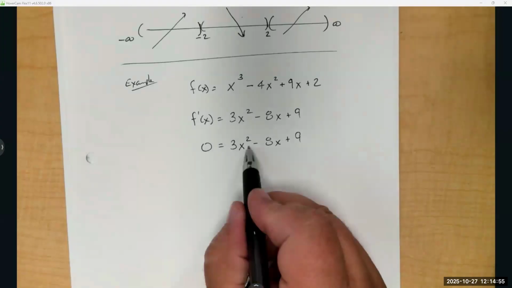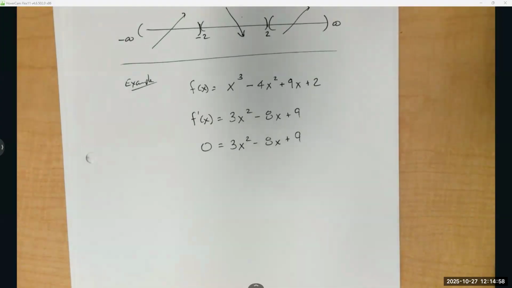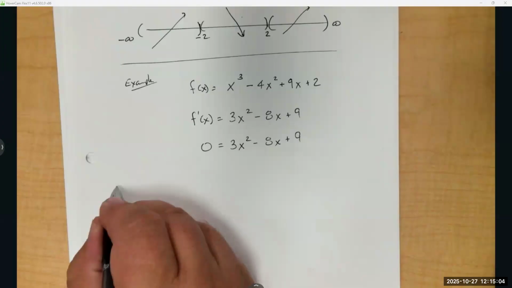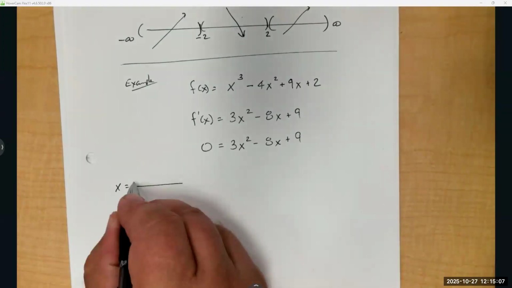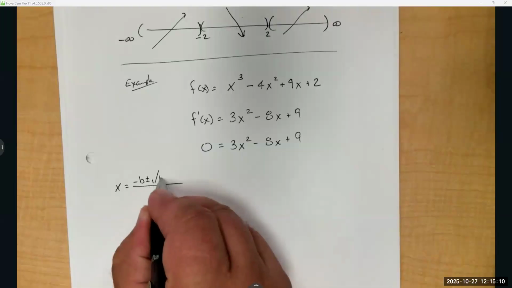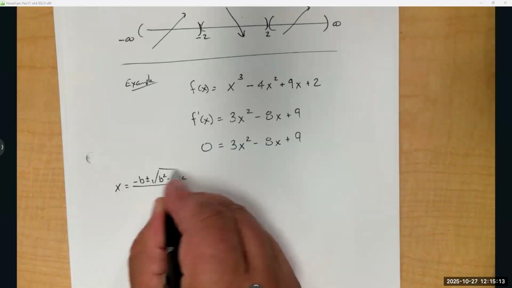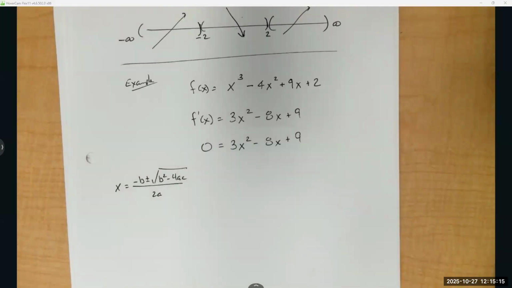This is a quadratic equation. Do we know any formulas for quadratic equations? We can use the quadratic formula. What we're looking for here is what x values make it equal to 0, which in essence is the x-intercept in a quadratic equation.